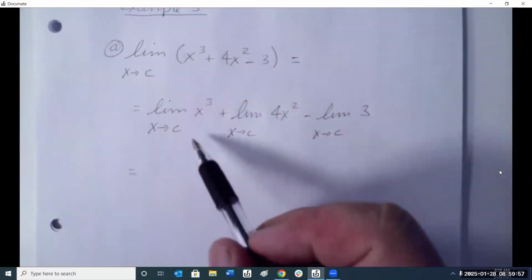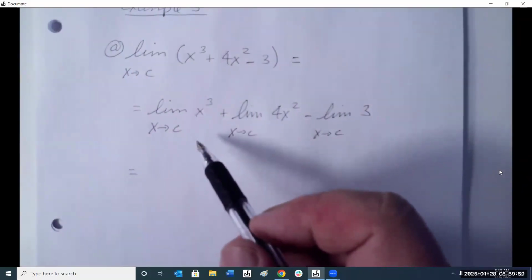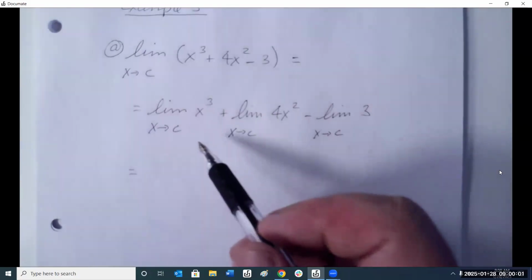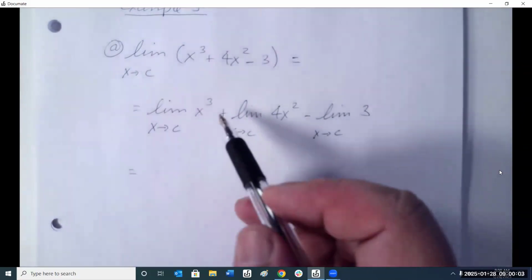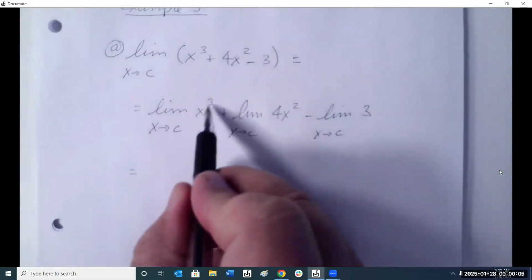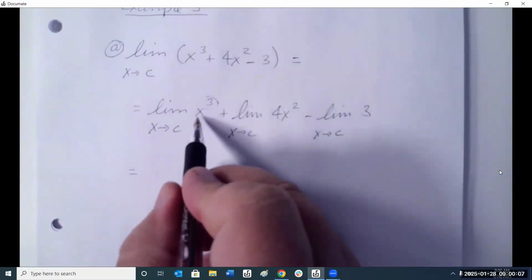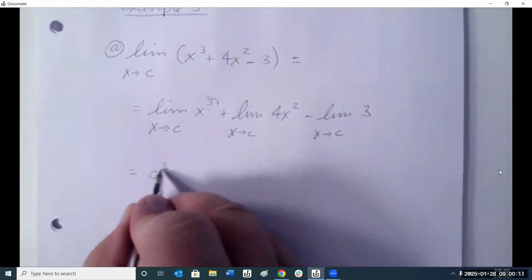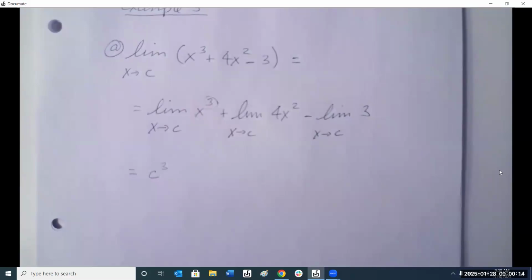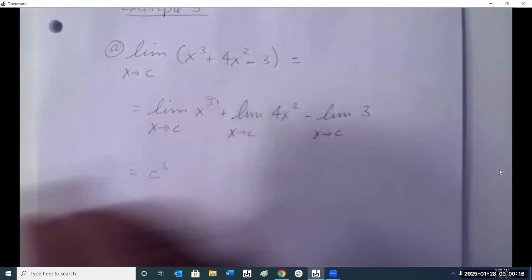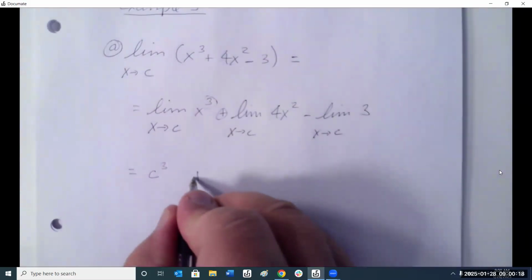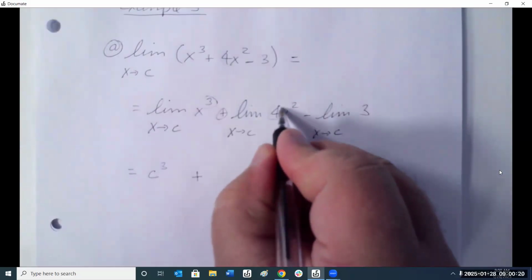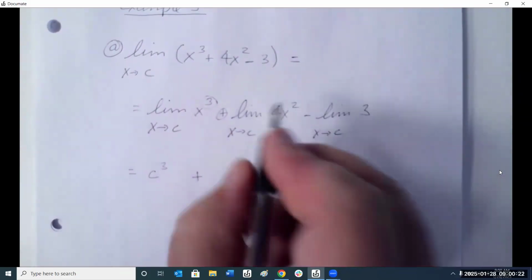So which rule are we going to use in this first one? The exponent, the power rule, because it's got an exponent. So what does x become? C. Plus, here's a constant multiple, so it goes out in front.